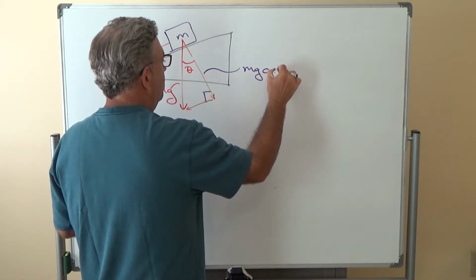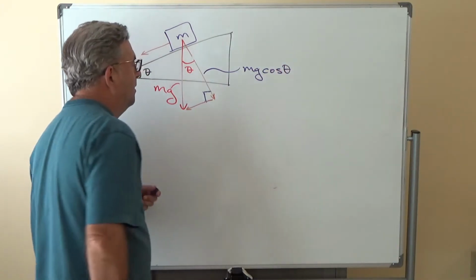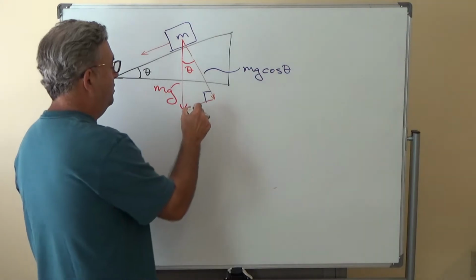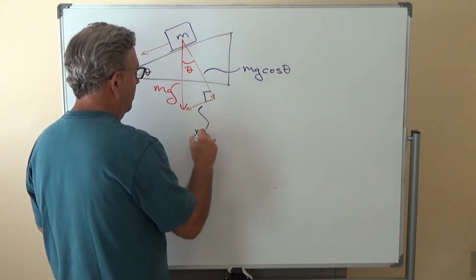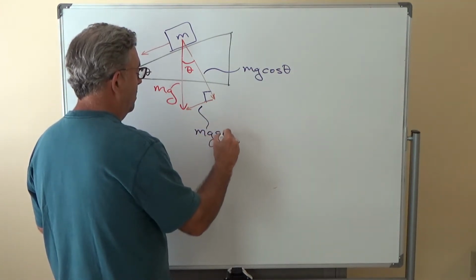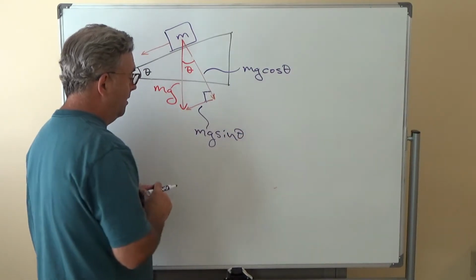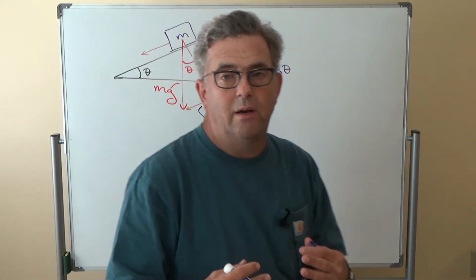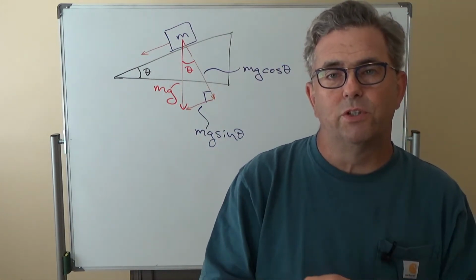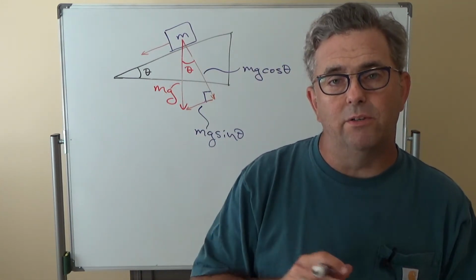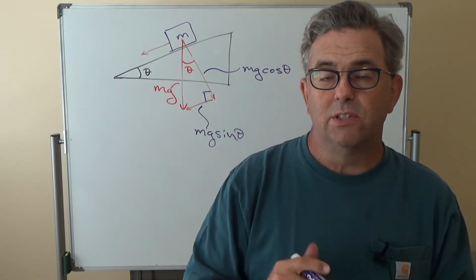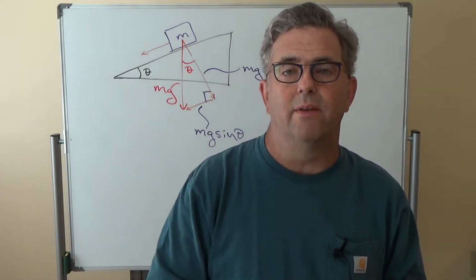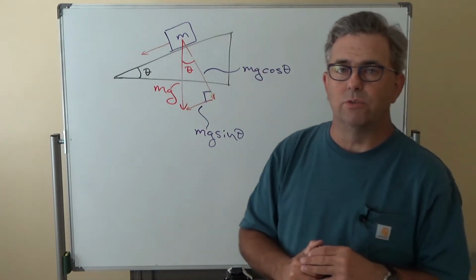mg cosine theta. That is adjacent to theta. This component is mg sine theta. That component of the force due to gravity that's parallel to the plane is mg sine theta. The perpendicular component is mg cosine theta. Those are magnitudes.